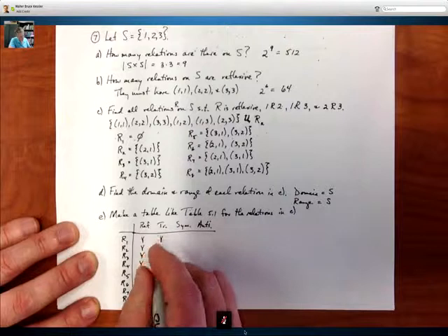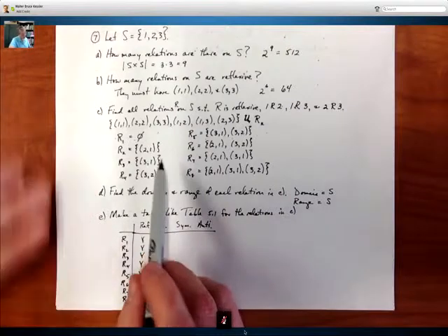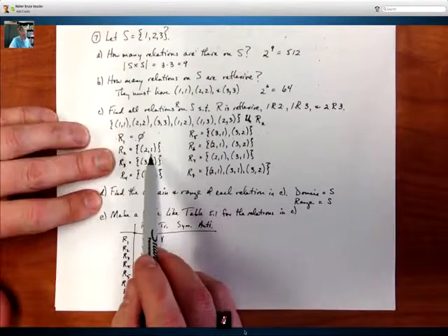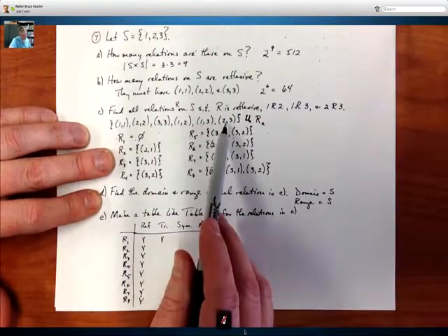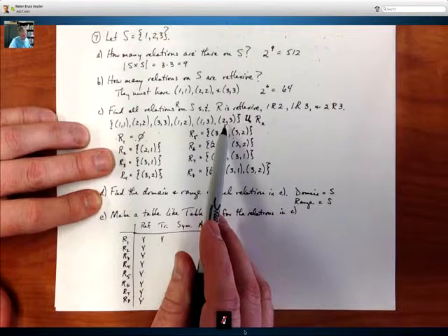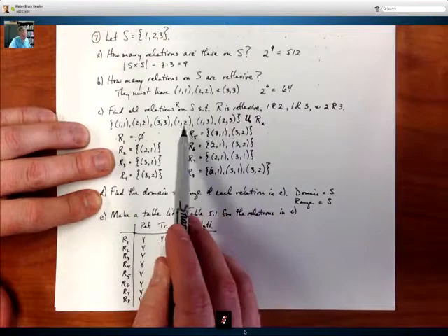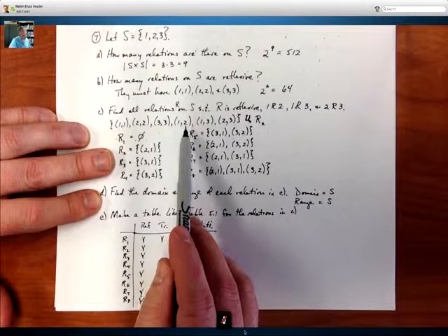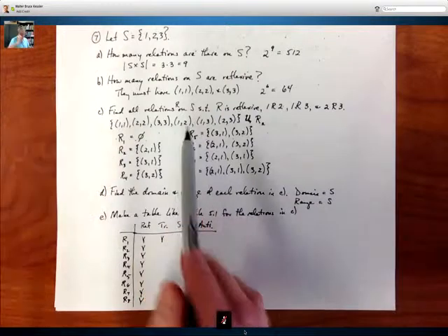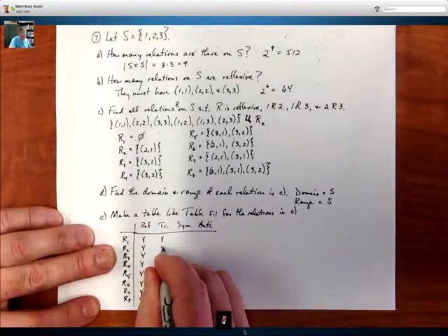So I think we start out transitive. That's the first one. We add 2, 1. 2 goes to 1 and 1 goes to 3, so there. 1 goes to 2 and 2 goes to 1, right? So I think that works okay.